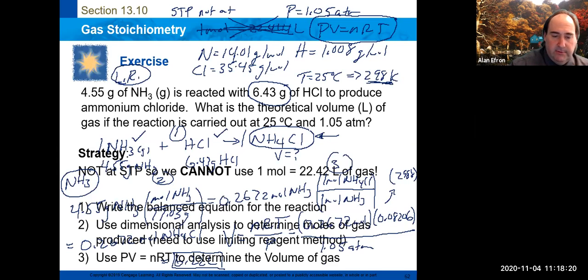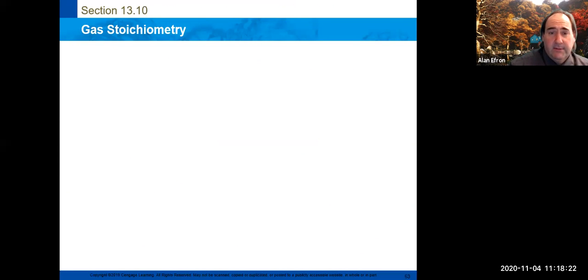So I've got another spot to write. Perfect. So this was 6.43 grams of HCl. We're again going to convert it into moles using the molar mass.